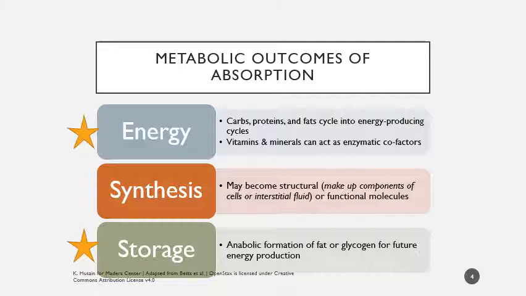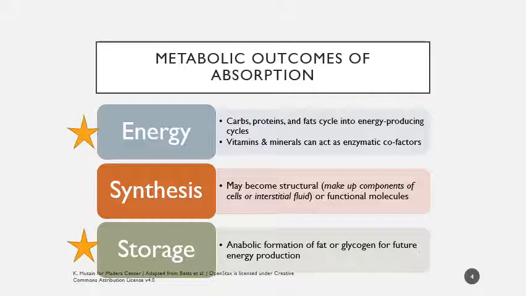We can also use what we absorb into our body to make up components of our cells or our interstitial fluid or important functional molecules. So we have these biosynthesis reactions, those anabolic processes that may end up being very structural or functional. And then we also can store it. So we'll talk about specific storage forms of carbohydrates and lipids.